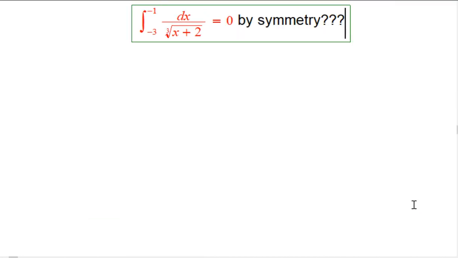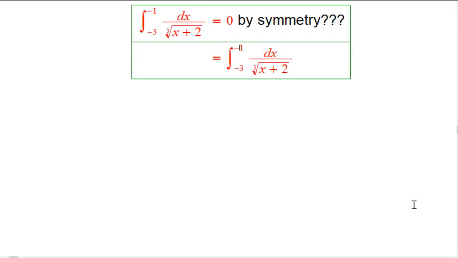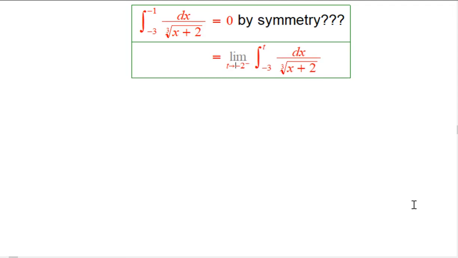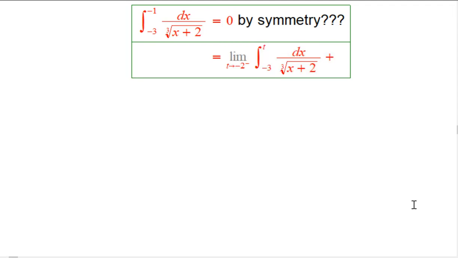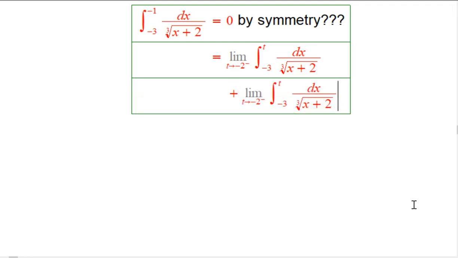If you actually calculate this out really, really carefully, and again, here's what you would need to do, very similar to what we just did. You would have a limit as t goes to minus 2 from the left, and then this is a t here. And then you'd have a separate limit. Because that limit variable is a dummy variable, we could use, let me put it down here, the same variable.